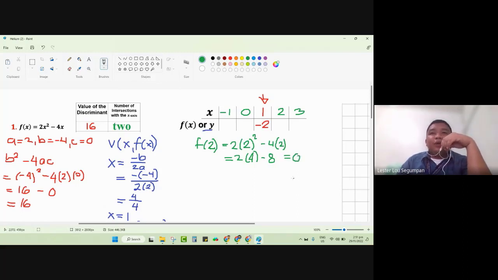So the first point after the vertex is the point (2, 0). Let me add 0 here, and we are down to the remaining 3 coordinates.